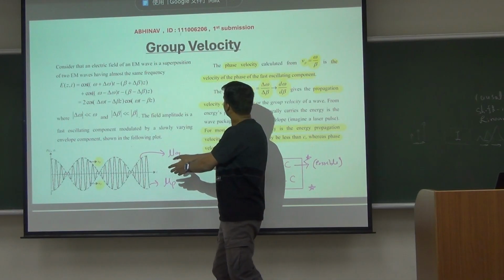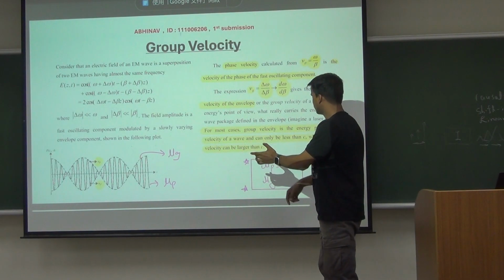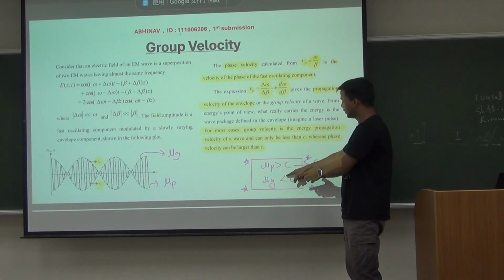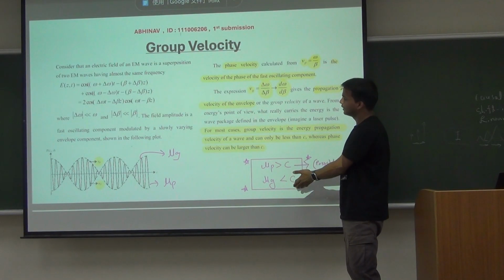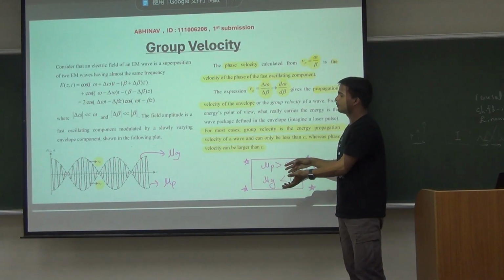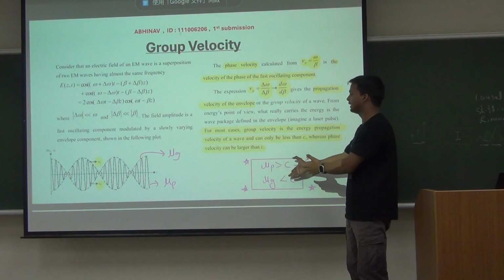There are other properties attached with it. It says that the phase velocity could be greater than the speed of light, c, but the group velocity is always less than c. In the later part of the presentation, I also ask this question: how could this be greater than c?